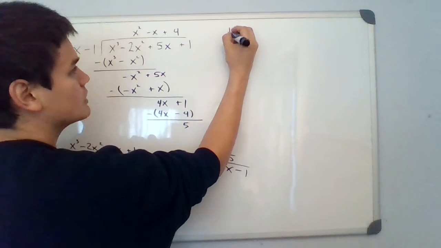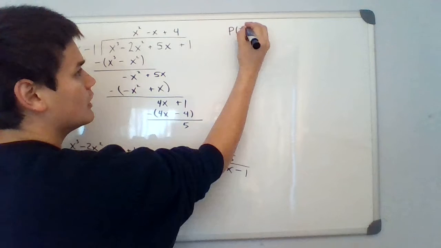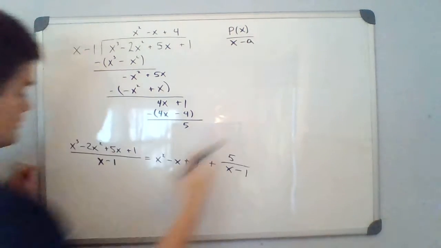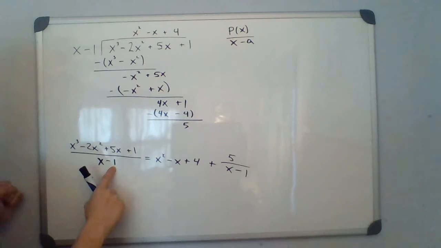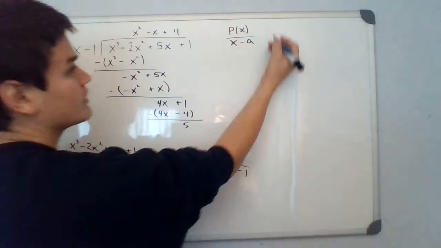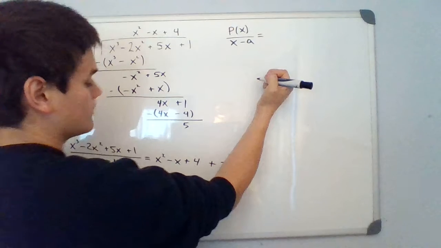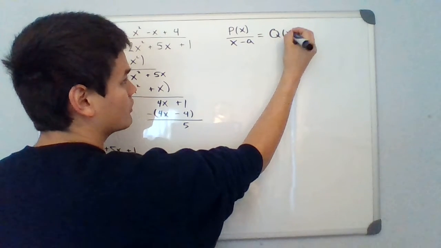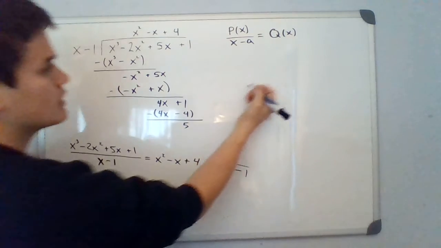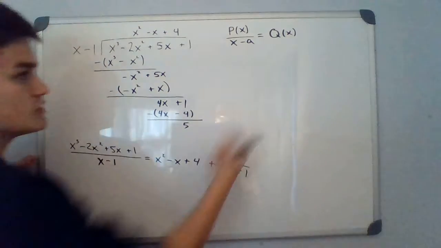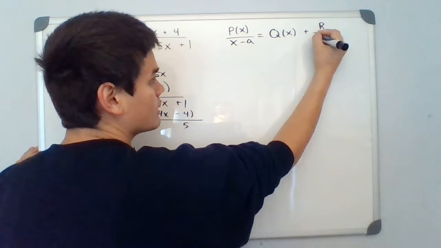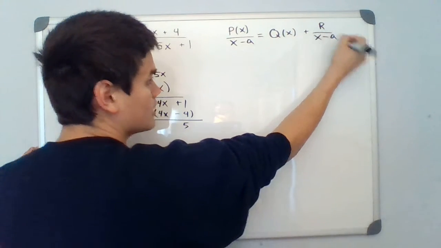If I have some polynomial p of x, and I divide it by x minus a, the same way I did here, so a is positive 1 in this case, then I know this is going to be equal to some other polynomial q of x, which is the quotient that we get after the algebraic long division, plus the remainder divided by x minus a.